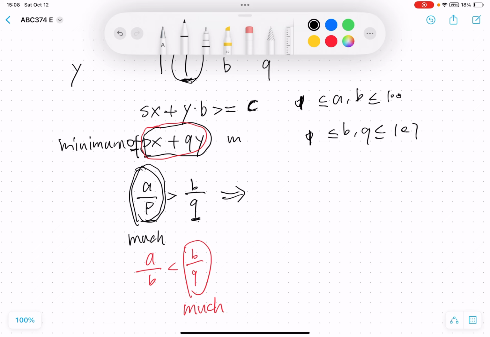Let's take some example. If A is 6 and P is 3, B is 1, Q is 1.